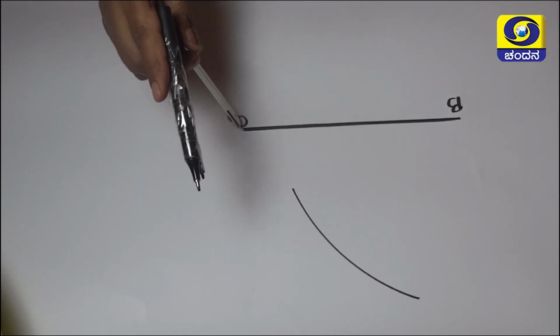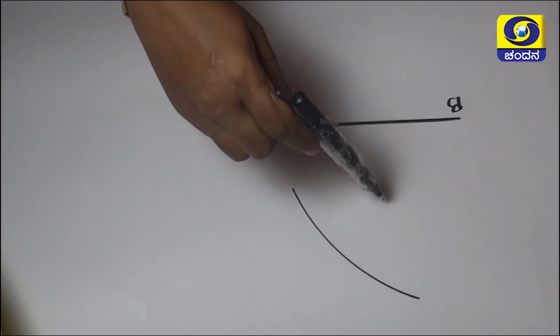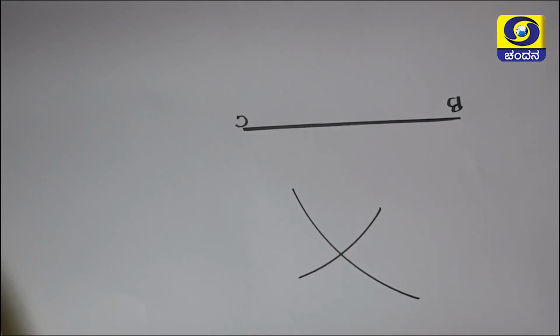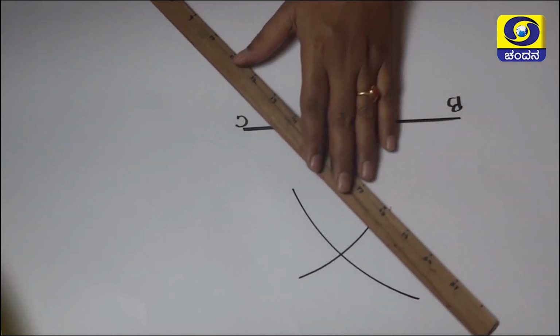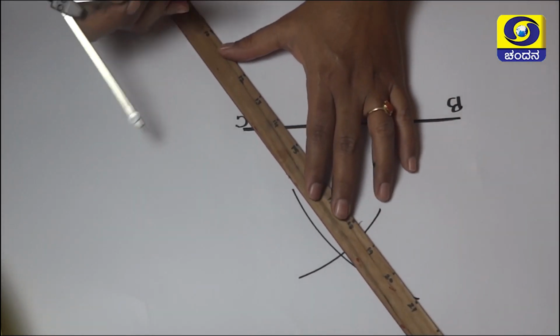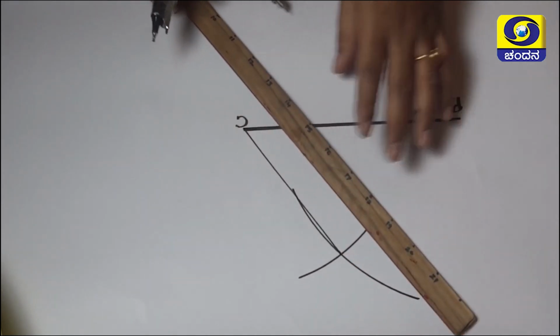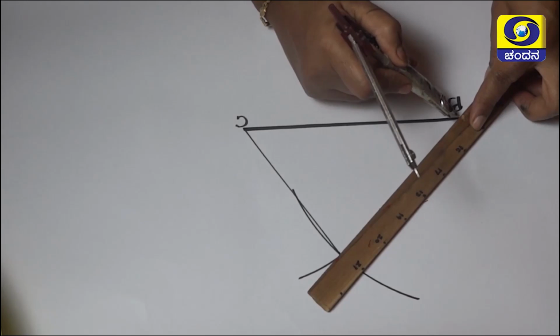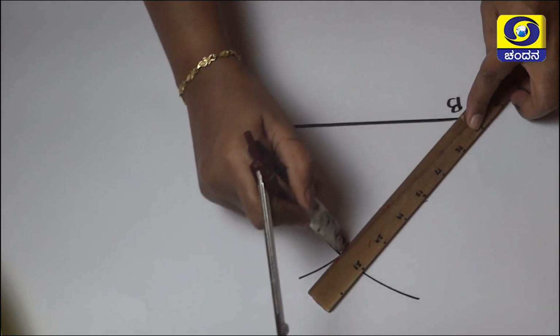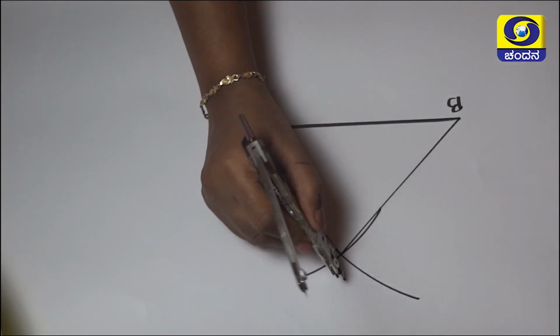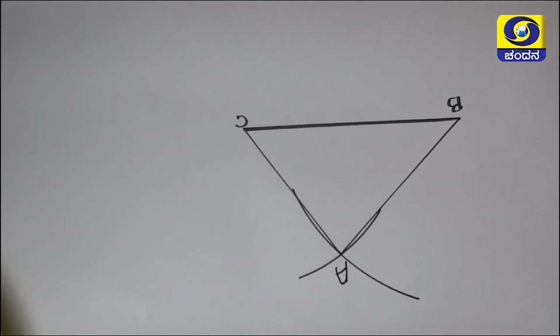Keep the needle at point C, make an arc. Now join the point of intersection of two arcs to the line segment BC, which will give us a triangle. Let us name this point as A. Now ABC triangle is ready.